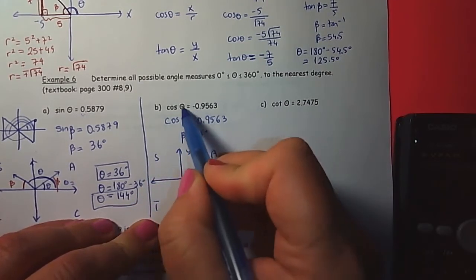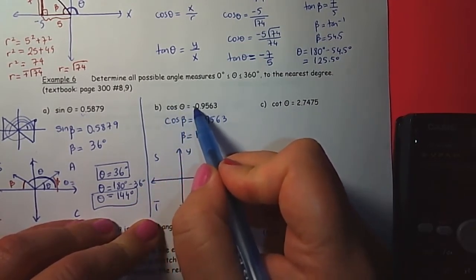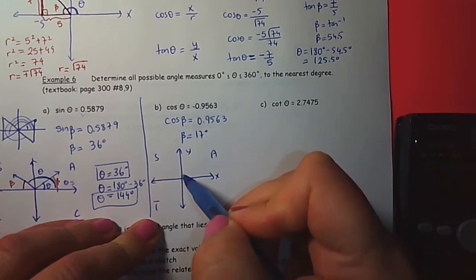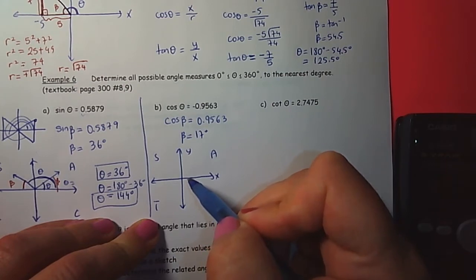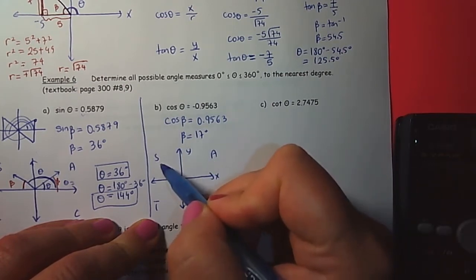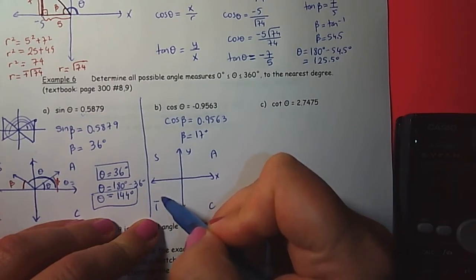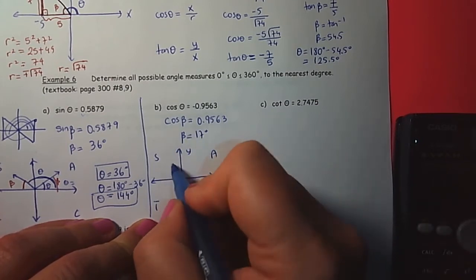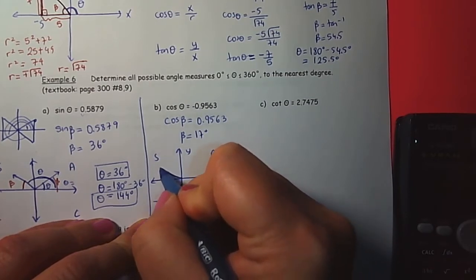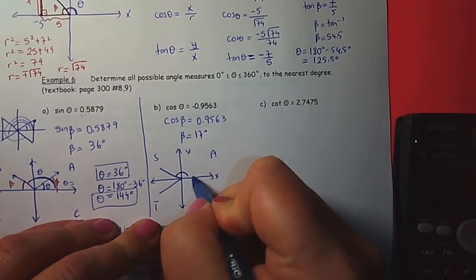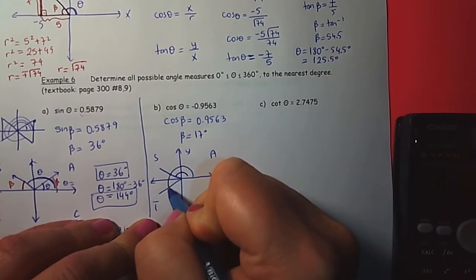Looking at it, originally cos theta is a negative value. Now we need to find the quadrants where cosine is negative. All is positive and cosine is positive, so it looks like quadrant 2 and quadrant 3 cosine values are negative. Therefore we have two angles, one in quadrant 2 and the other in quadrant 3.